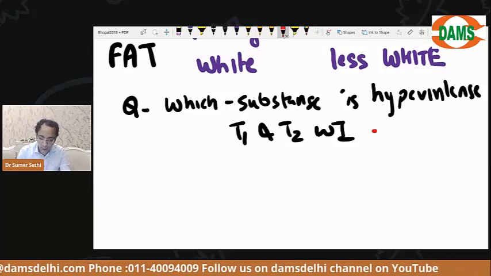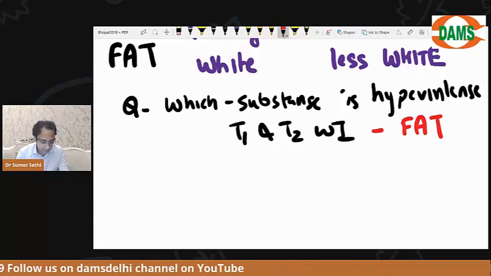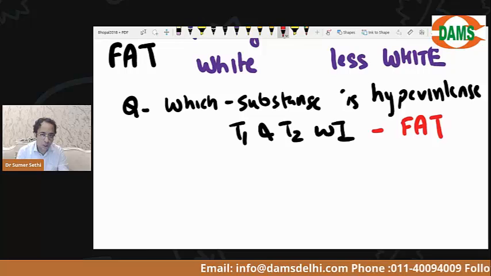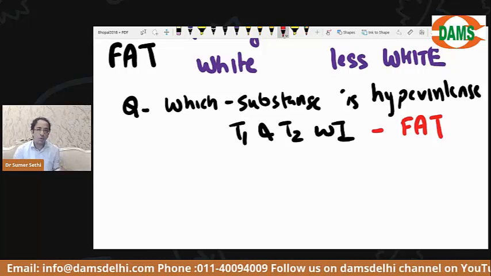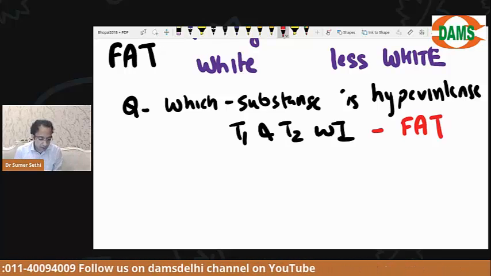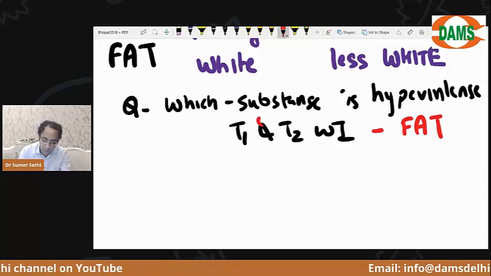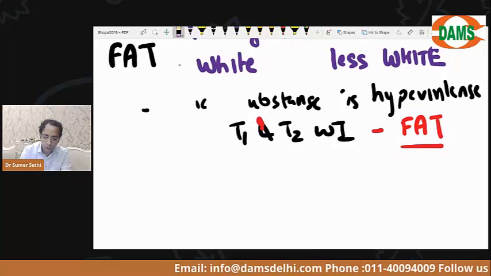The answer has to be fat. So this is the terminology of MRI. As a kid, you don't know the language, so you find it tough. That's why I'm explaining the language to you. Which substance in the human body is hyper intense on both T1 and T2 weighted image? The answer is fat.